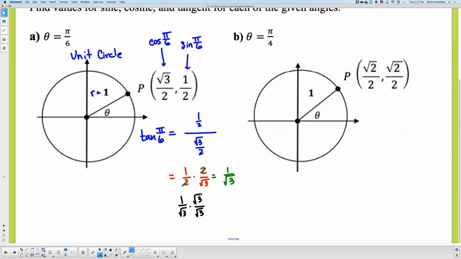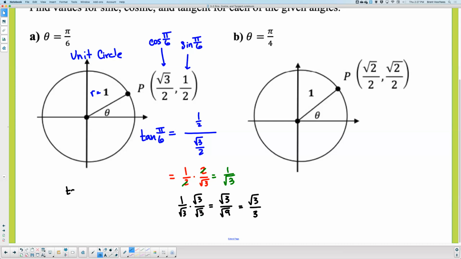Square root of 3 divided by square root of 3. What is the square root of 3 divided by the square root of 3? 1. It's 1 because it's being divided by itself. But if I multiplied straight across, I would get the square root of 3 over the square root of 9. What is the square root of 9? 3. And so our final answer here for tangent is the square root of 3 over 3.